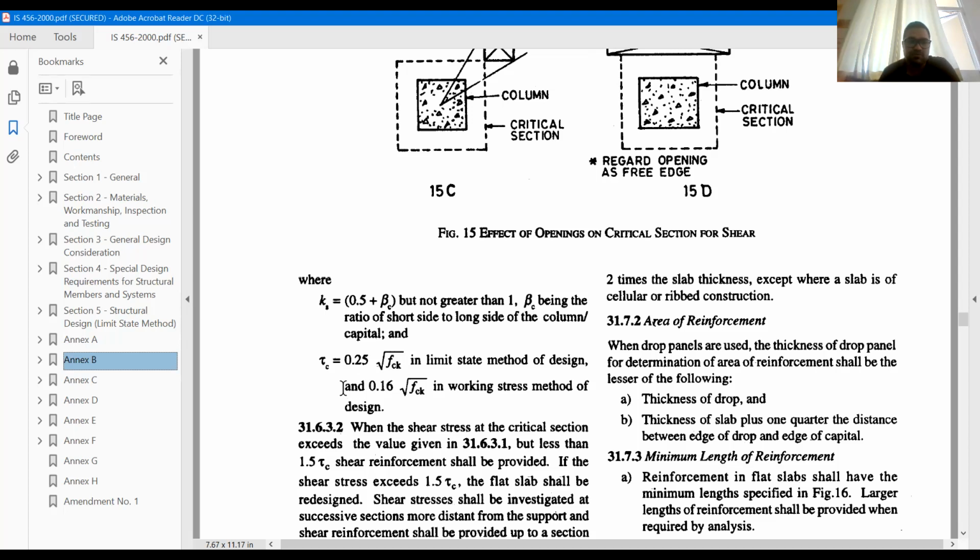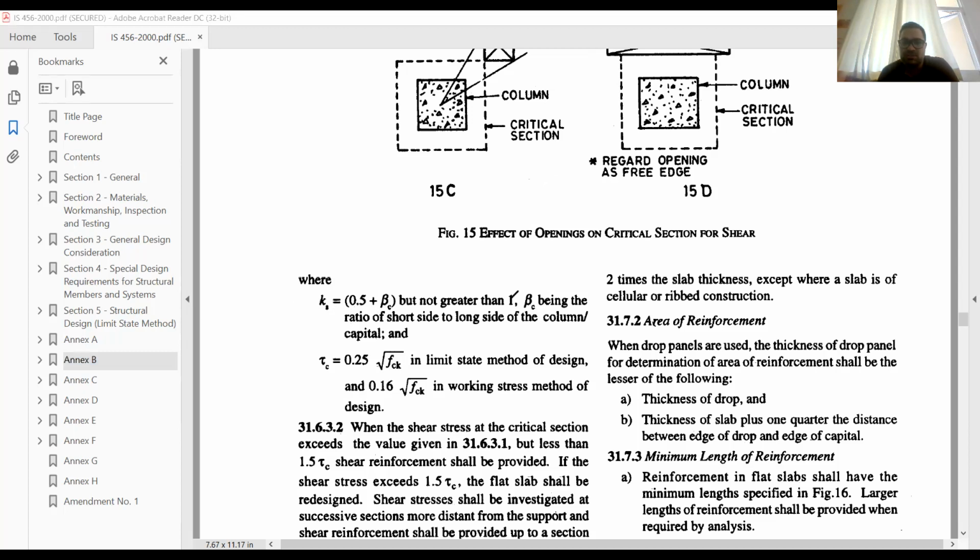Here we will find the formula for Ks. Ks is 0.5 plus beta C, and it says this value should not be greater than 1. Beta C is the ratio of the short side of the column to the long side of the column.